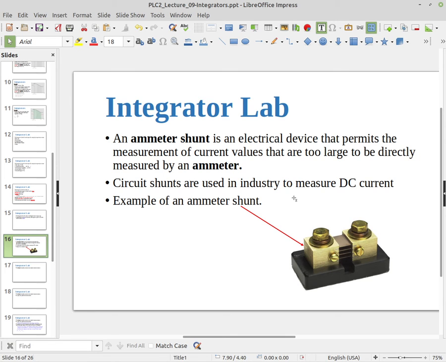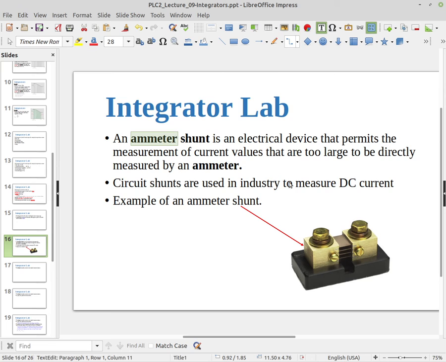The purpose of the shunt is because with ammeters, you might have an electric motor that might be running 1,000 amps through it, and there's no ammeter that has ever been built that can measure 1,000 amperes.